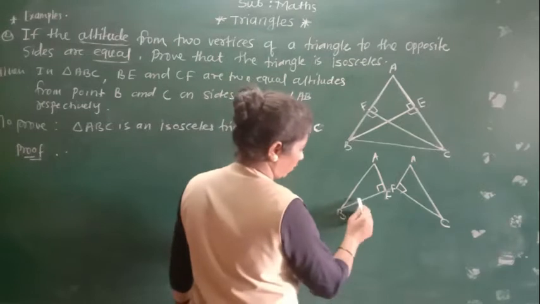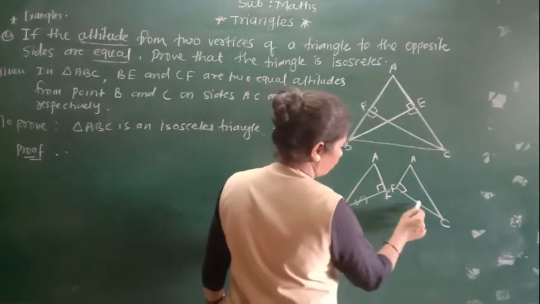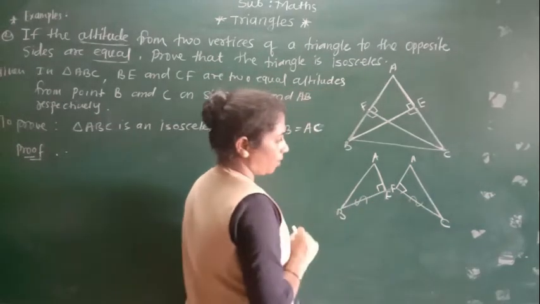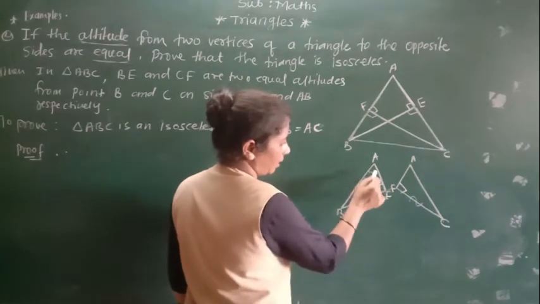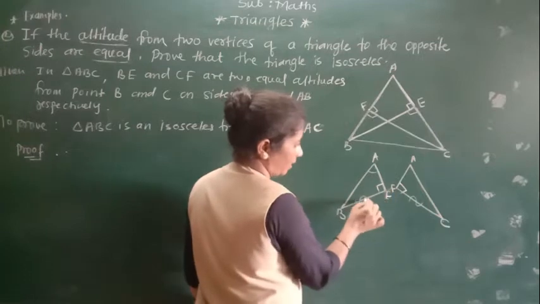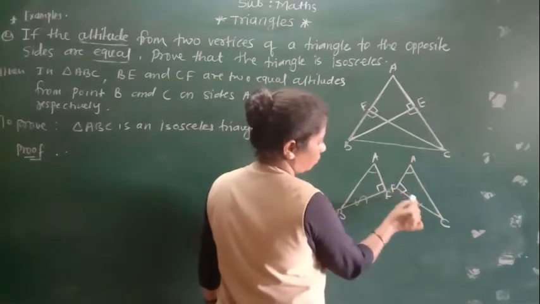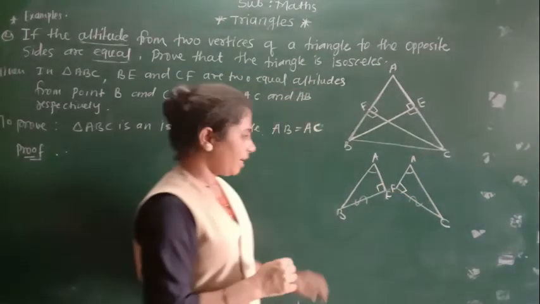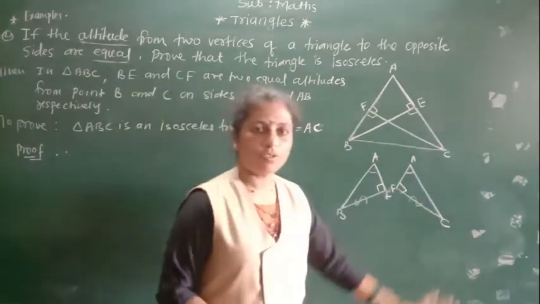Then it is already given that BE equals CF. So by which criteria? By AAS criteria, these two triangles are congruent, and by simplicity we write AB equals AC.